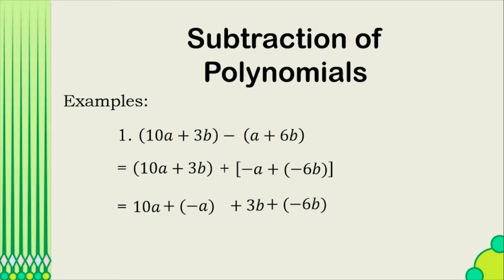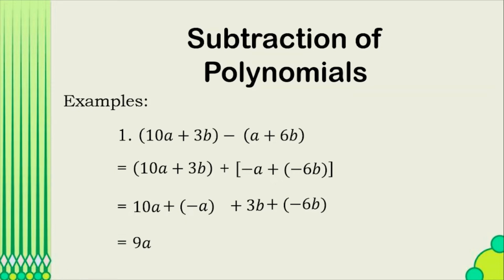So 10a plus negative a is positive 9a. So how did we get positive 9a? Right, so let's get first the numerical coefficients of these terms. So we have 10 and negative 1. So unlike signs, right? So you need to find their absolute values first.